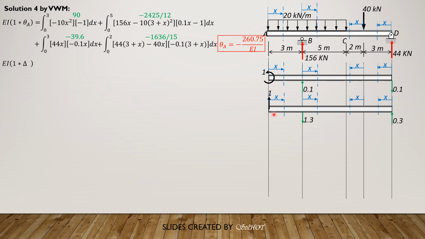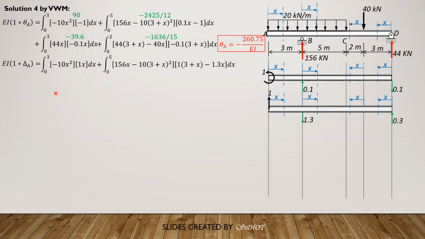The new moment here is 1 times x. So integral 0 to 3 of negative 10x squared, then times 1 times x dx, plus integral of quantity 0 to 5, 156x minus 10 times 3 plus x squared. Then here we have 1 times 3 plus x minus 1.3x, moment due to virtual forces.